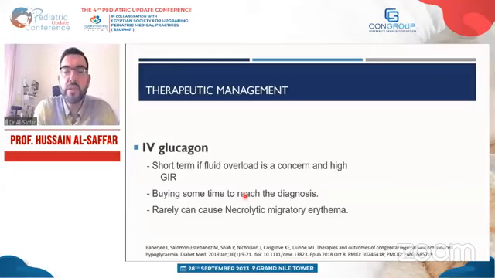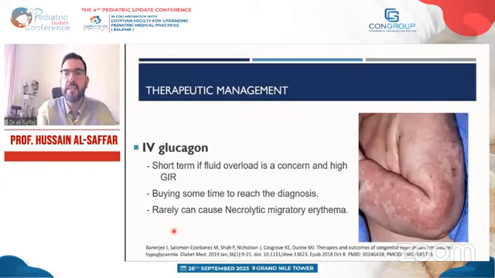We don't want to continue giving large amounts of fluids, as the patients will have fluid overload that could lead to heart failure, for example. So if we need to minimize the amount of infused fluid, at that time we could give IV glucagon, and usually the dose is 5 to 10 micrograms per kg per hour intravenously. It will give us some time to reach a diagnosis, and we need to be aware that it can rarely cause necrolytic migratory erythema, as it appears in this picture.